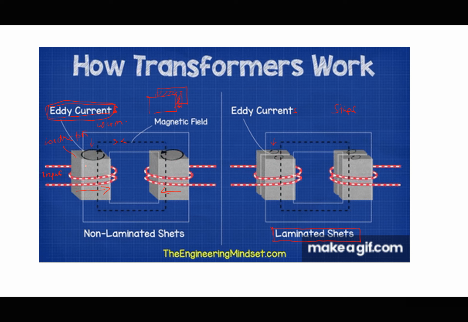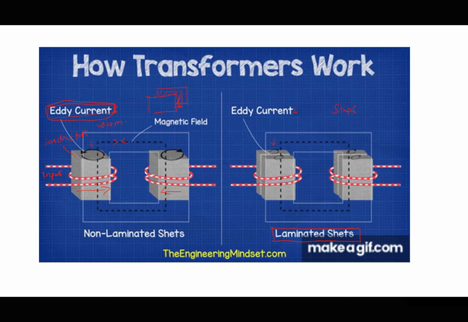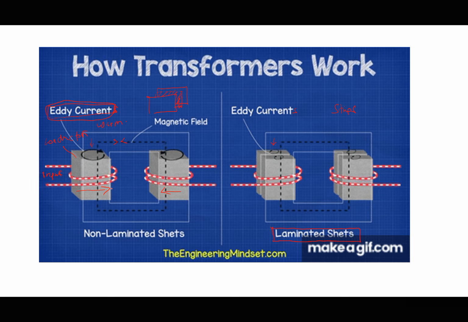These currents keep changing direction and they have different magnitudes. That's why we call them eddy currents. These waste energy within the core as heat, thereby warming up or increasing the temperature of the soft iron core. So briefly, that is how a transformer works.